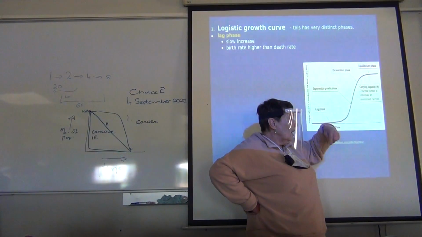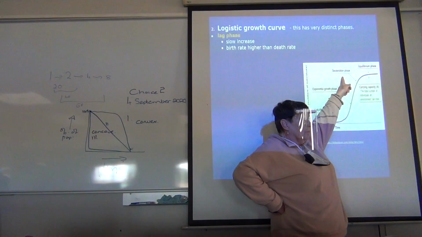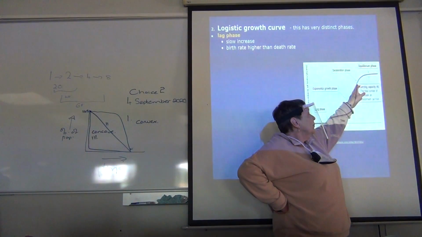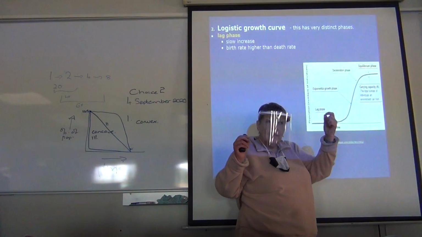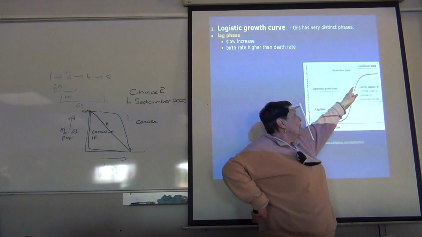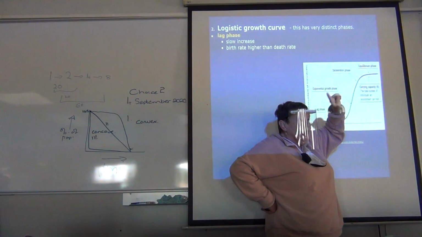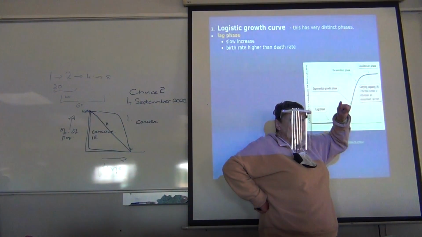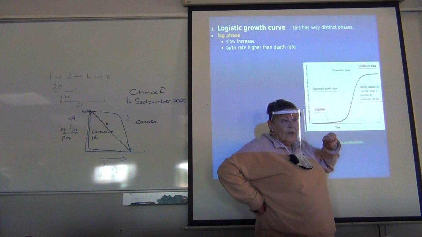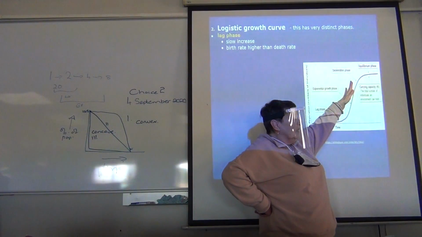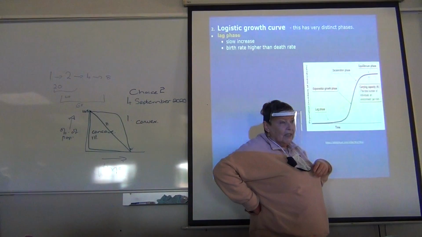Now be very careful. This is called a decelerating phase. Okay? There are still more births than there are deaths, because the population is still increasing, but the rate of increase is decreasing, because it's no longer becoming steeper and steeper, it's actually becoming less and less steep.